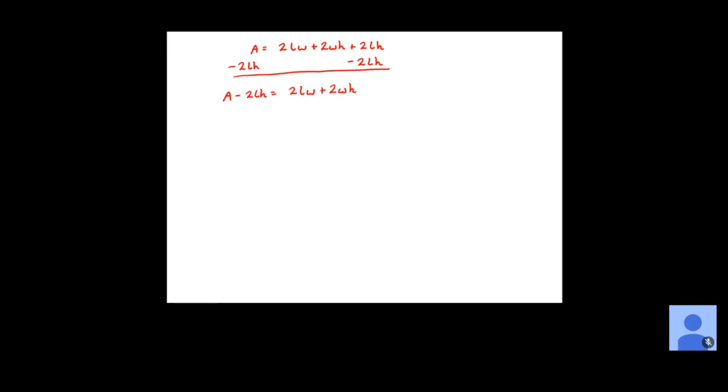Okay, so we can't divide yet, right? Because we've still got that addition in this one, and we're trying to get W by itself. Okay, but that W is in two different terms. Common factor, good. So what is the common factor on the right-hand side that we can bring out?